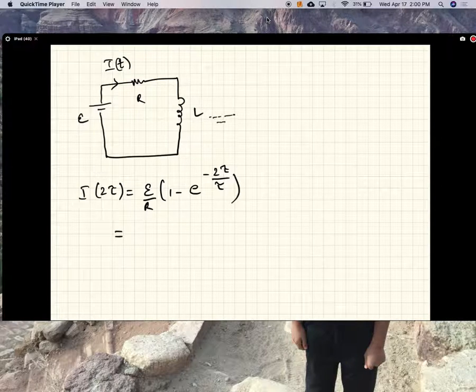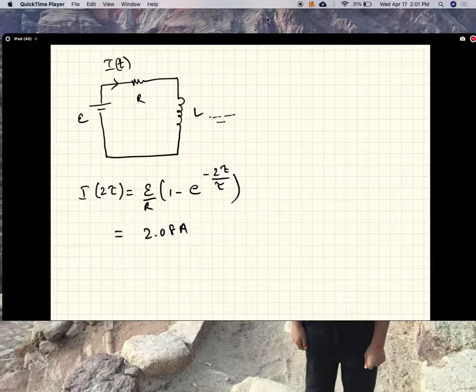And we just found this to be 2.08 amps. Did I do that right? Yeah.